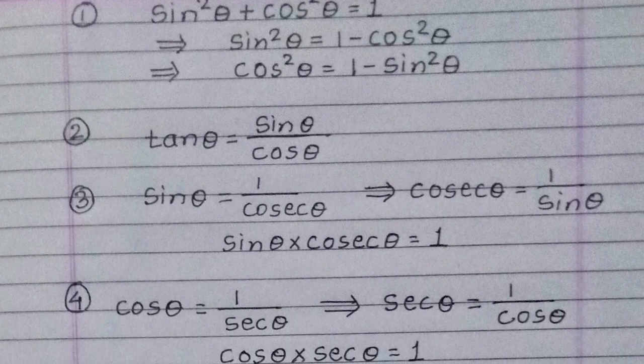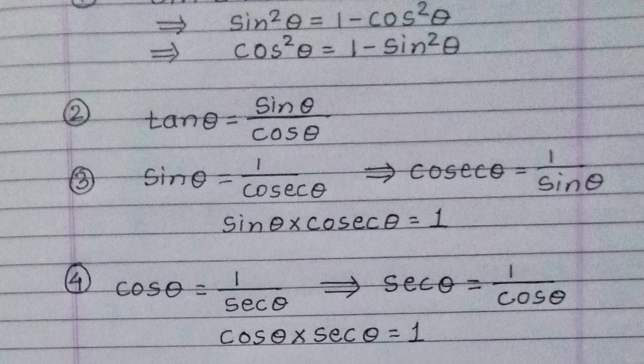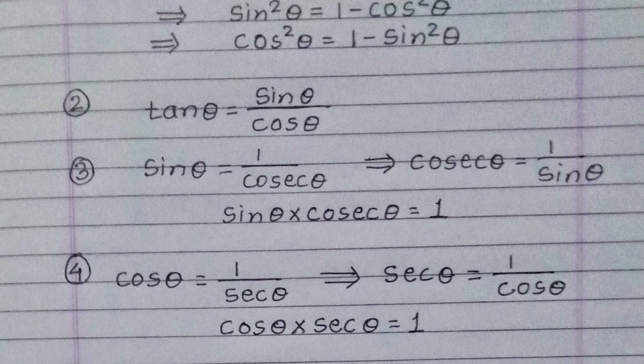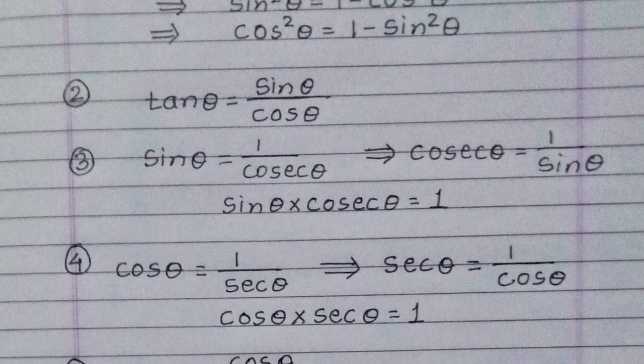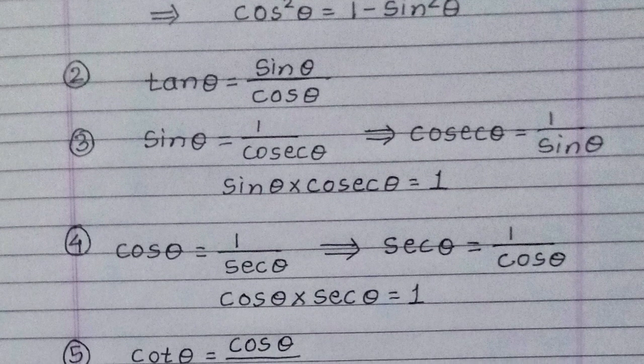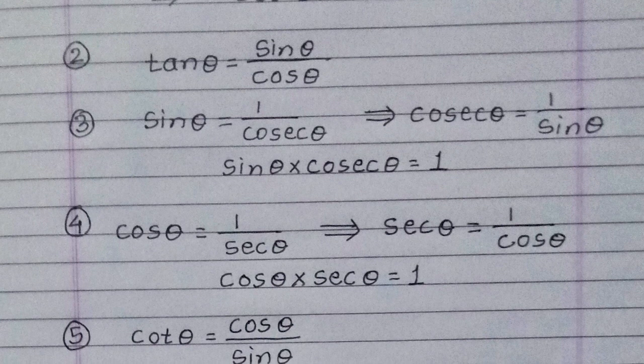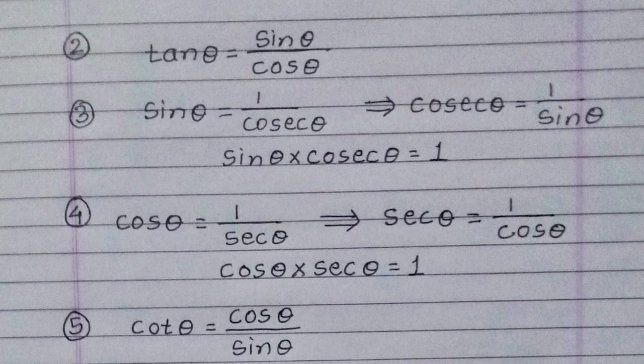Next, sine theta is equal to 1 upon cosec theta, or 1 upon sine theta is equal to cosec theta. It is nothing but reciprocal of sine is cosec and reciprocal of cosec is sine.